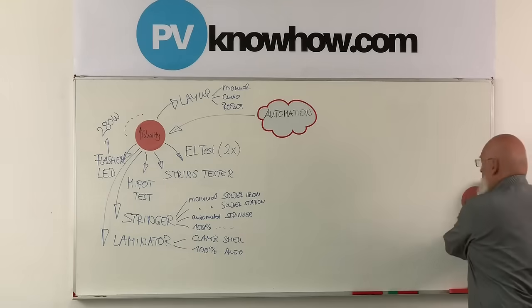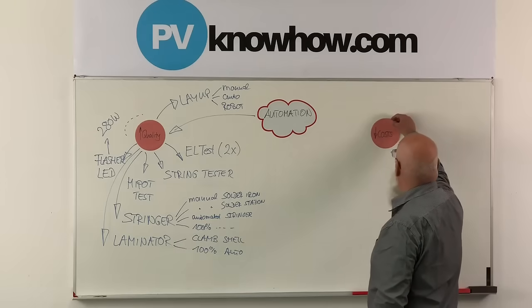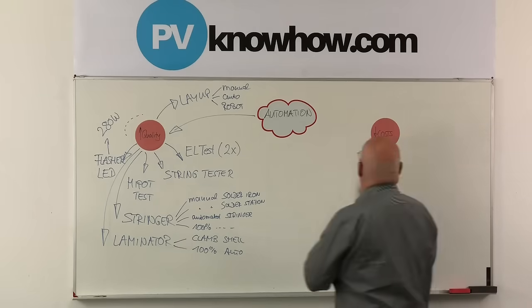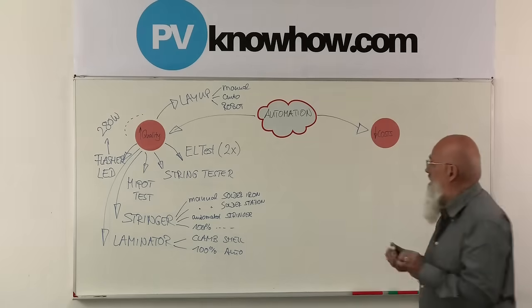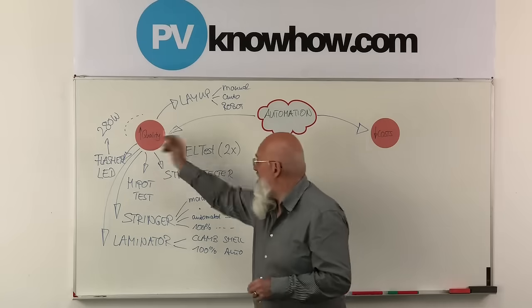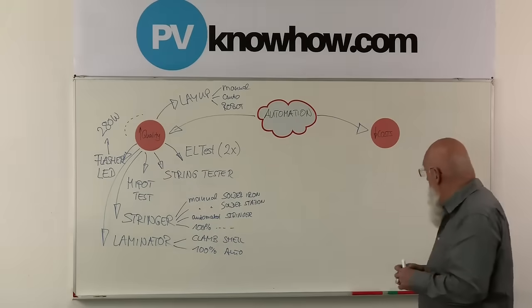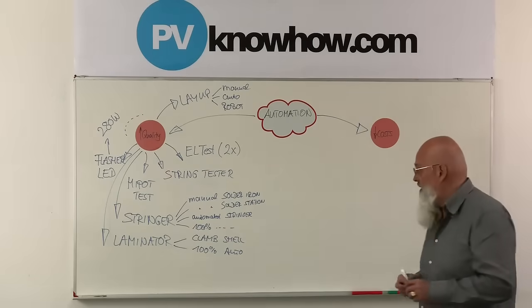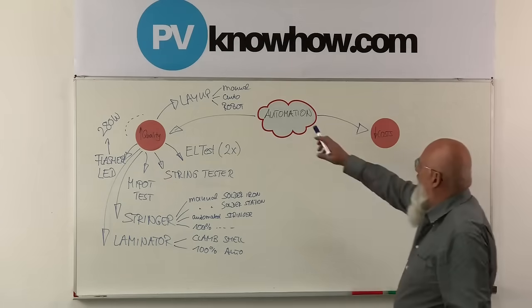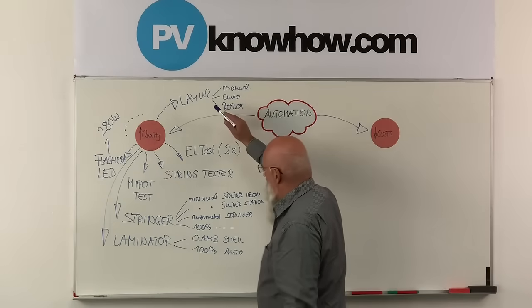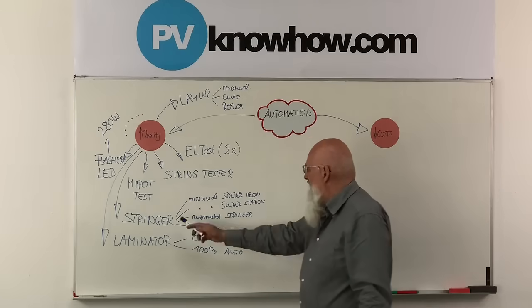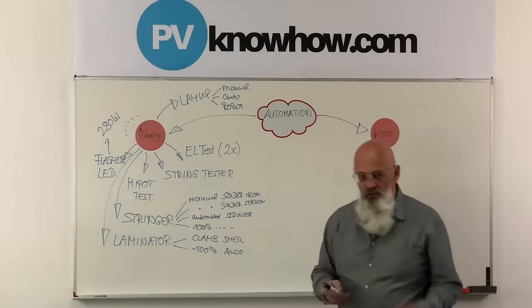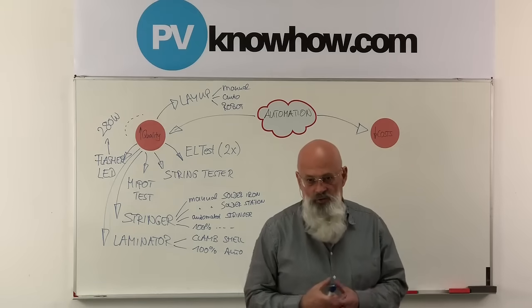So now let's come to the second point. I place it over here. You can do automation by decreasing the costs. Here we have increase of the quality, and here we have a decrease of the costs. Which means, let's start again with the stringer. When we have a manual stringer, you need a lot of people doing the soldering.